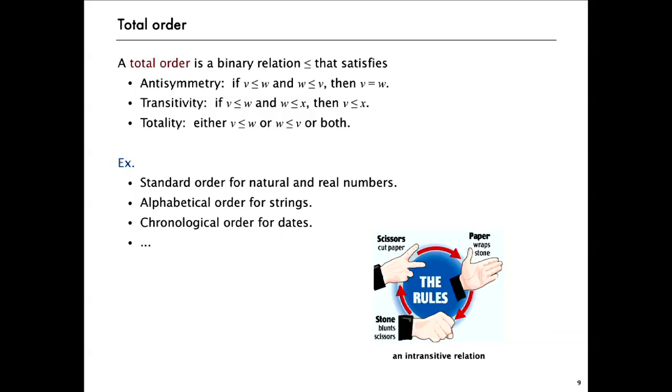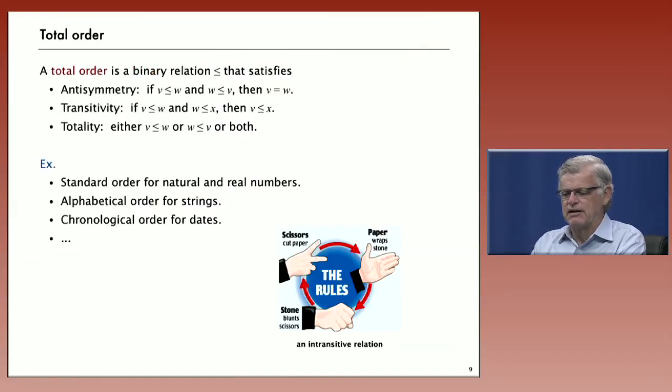The first one says that if v is less than or equal to w and w is less than or equal to v, then the only way for that to be true is if they're equal. And then there's transitivity. If v is less than w and w is less than x, then v must be less than or equal to x. And totality is that either v is less than or equal to w, or w is less than or equal to v, or both, they're equal.